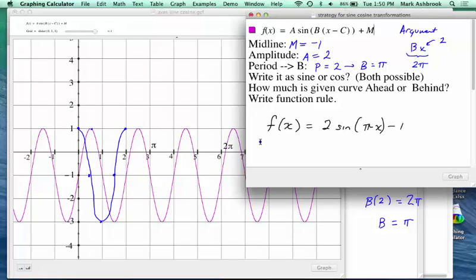Okay, so it's coming later. So is the argument angle ahead of its normal cosine curve, or is its argument angle lagging behind? Lagging behind. So how do we get the argument to lag behind? Add or subtract? Subtract. Subtract how much? This much.